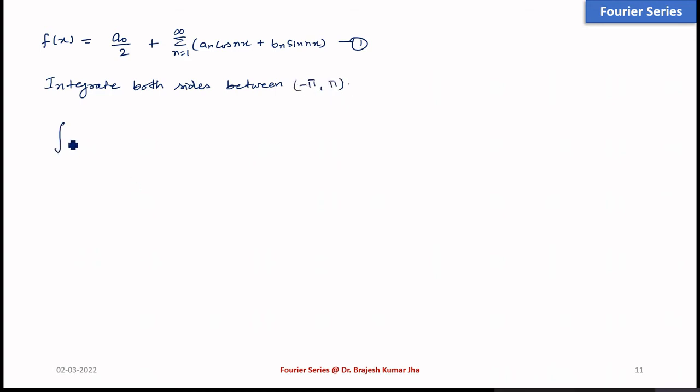If we integrate in such a way, we get the integral of f(x) dx from minus pi to plus pi equal to the integral of a0 by 2 dx from minus pi to plus pi, plus the integral from minus pi to plus pi of the summation n equals 1 to infinity of an cos nx plus bn sin nx dx.